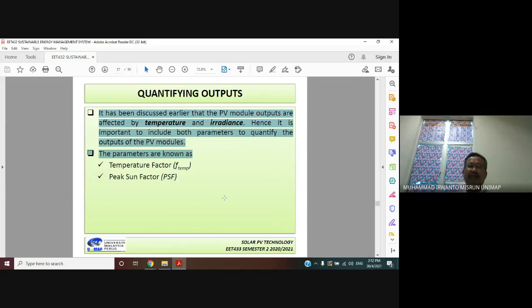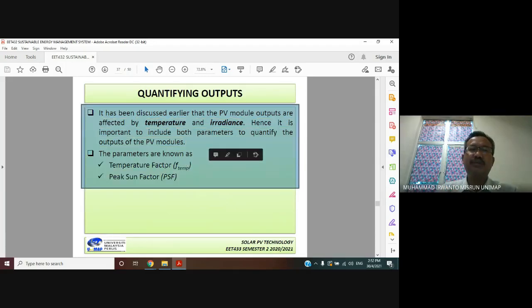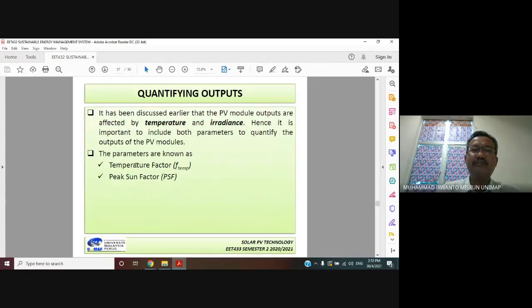Okay, and then the parameters of the PV module. We have some parameters. The first we can mention is the temperature factor, F temperature. And the second is the peak sun factor. Means we have the formula for the temperature factor and also the peak sun factor.